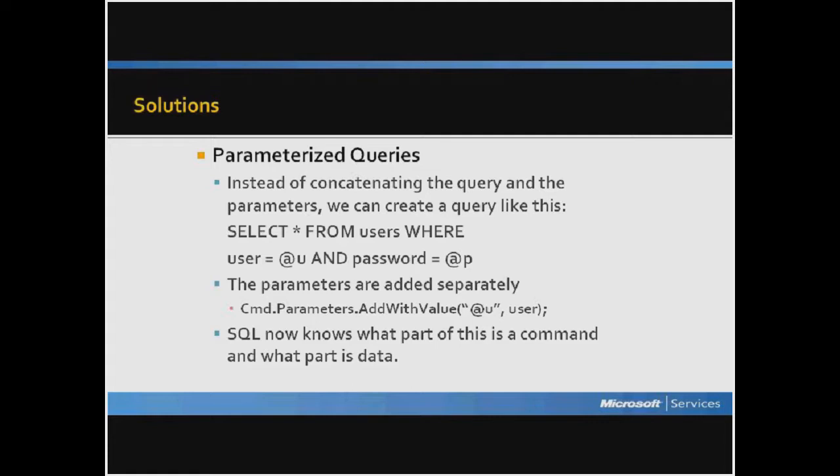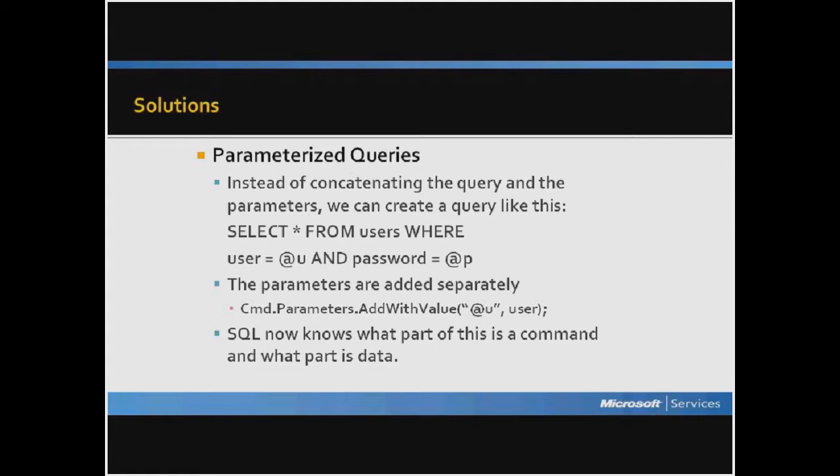So what this does is you separately add the parameters to the query. So you can see that I use C# down below, command.parameters.add with value, and I set the @u parameter to be whatever the end user passed in for the user string.